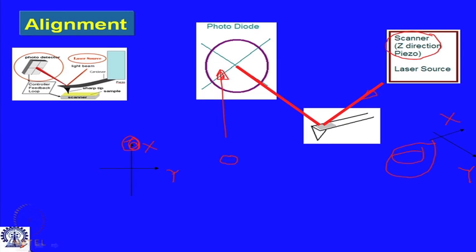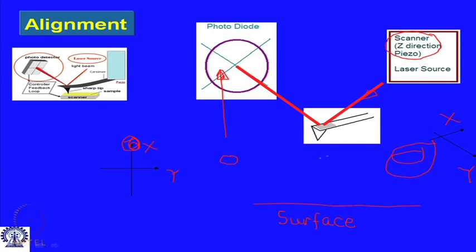You need to understand that the surface you want to scan is still far away. This is the surface you would like to scan or investigate under the microscope. You perform the process of alignment far away from the surface.